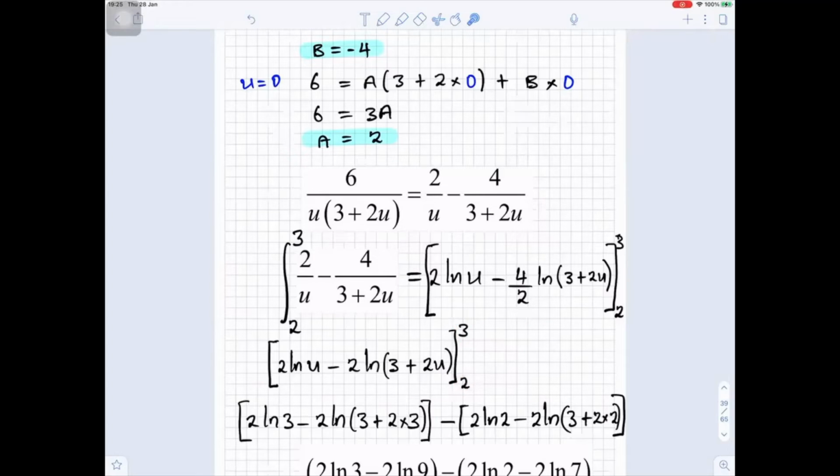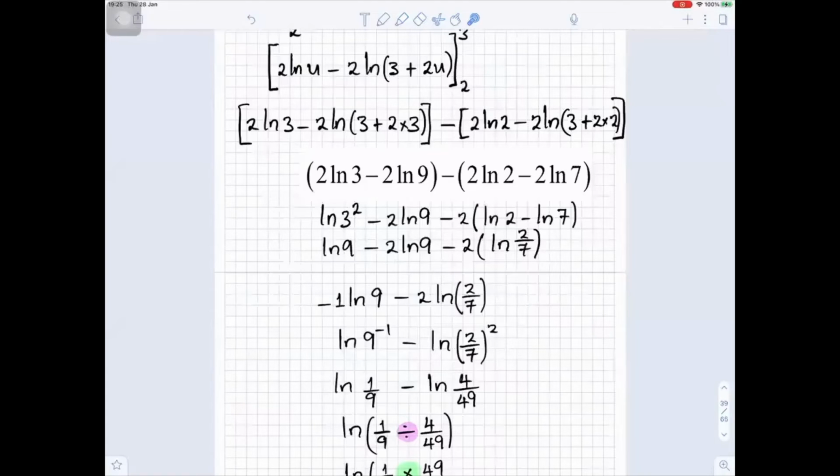We need to substitute in 3 and substitute in 2. So 3 will go in there and in there, and 2 will go in there and there. Substitute 3 and 2 and you simplify.